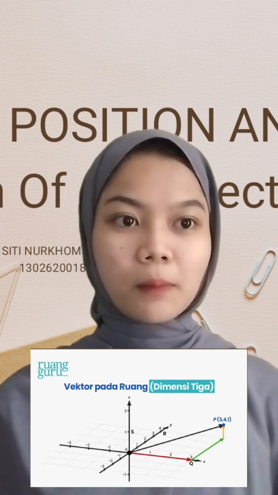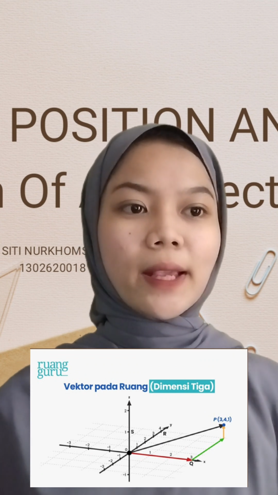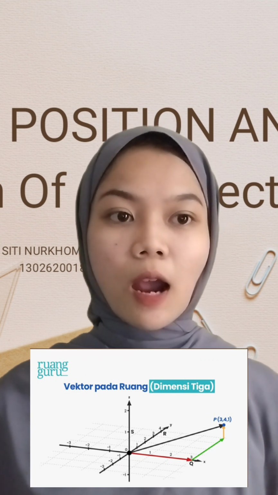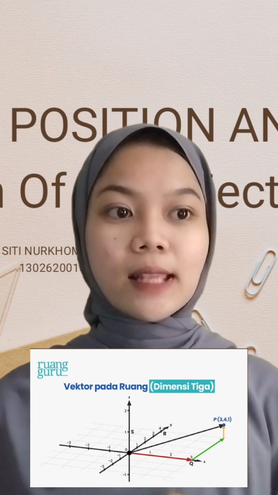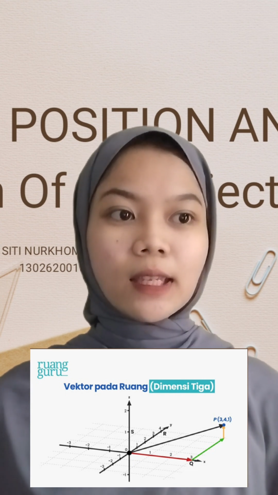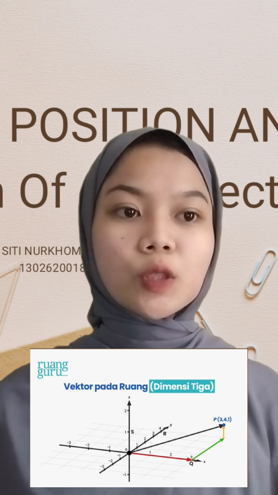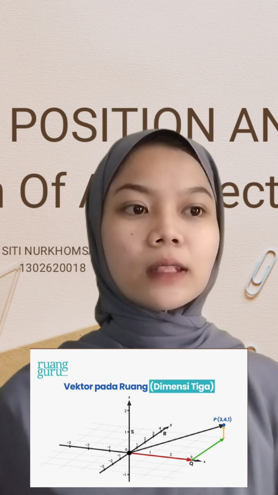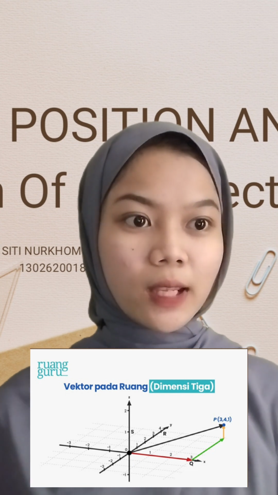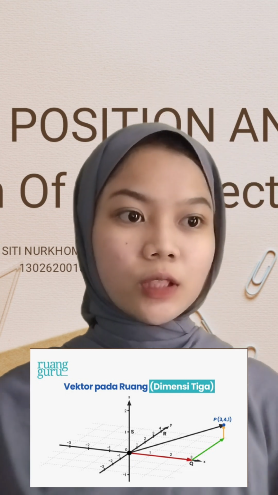Look at the image. Vectors in space, or three-dimensional vectors, are vectors that have three axes, namely axis X, Y, and Z. These three axes are mutually perpendicular and intersect at a point which will be the starting point of the vector.